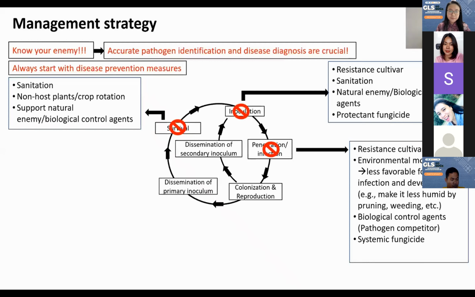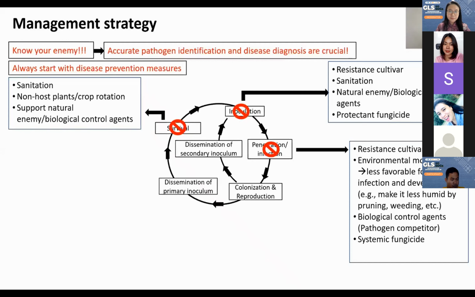Okay, what happens if the pathogens are already in the penetration or infection stage? Well, resistant cultivar might still work in this case, because even though the pathogen can infect, with the resistant cultivar, the defense mechanisms of the plant or the host can prevent colonization of the pathogen, for example, right?